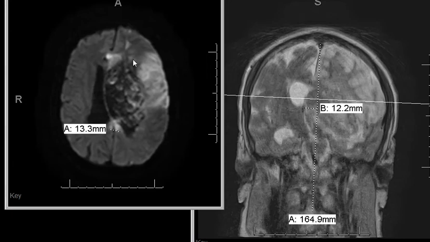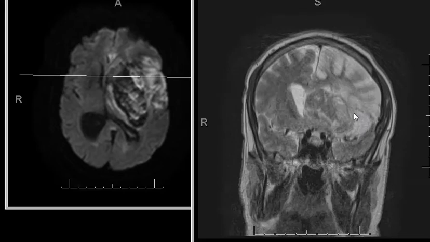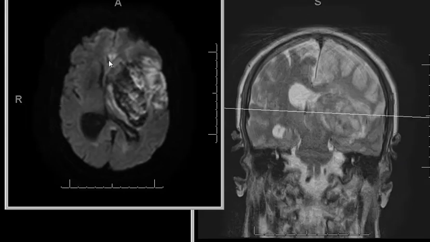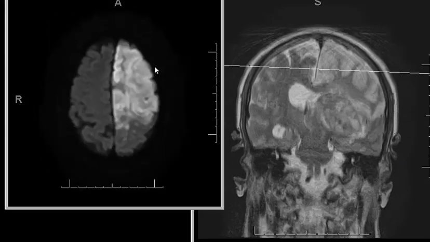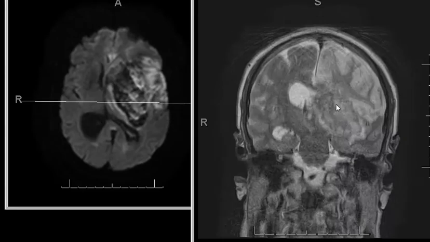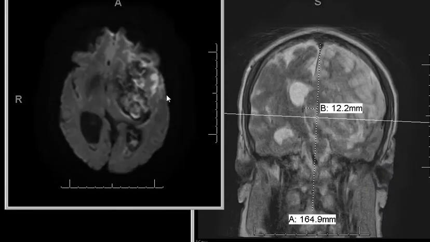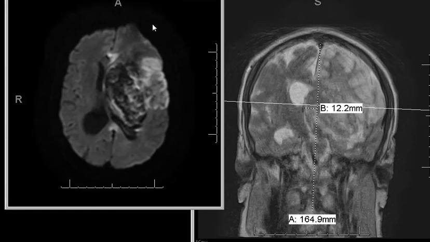However, a day later, we showed a large hemorrhagic transformation of the area of stroke. This is a diffusion image and a large hemorrhagic area, hemorrhagic conversion. There are 4 types of hemorrhagic conversion.